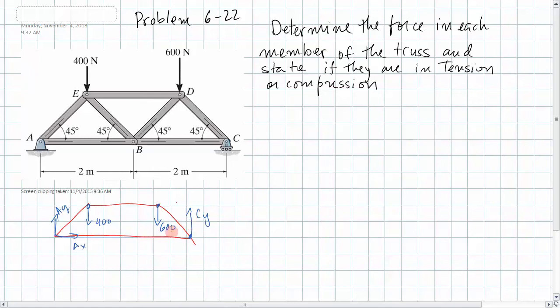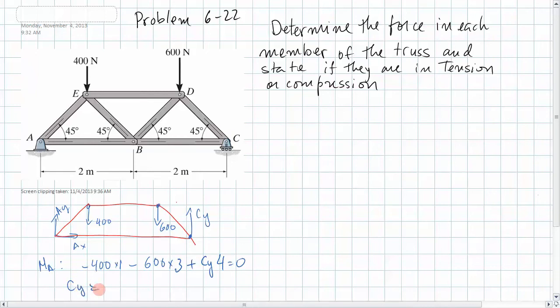So to find this force Cy, we write the moments about A. The moments about A say that you get minus 400, the moment produced by this load here, at a distance of 1 meter from A, times 1, minus 600, those are both negative, at a distance of 3 from A, times 3, plus Cy times this whole distance, which is 4, equal to 0.